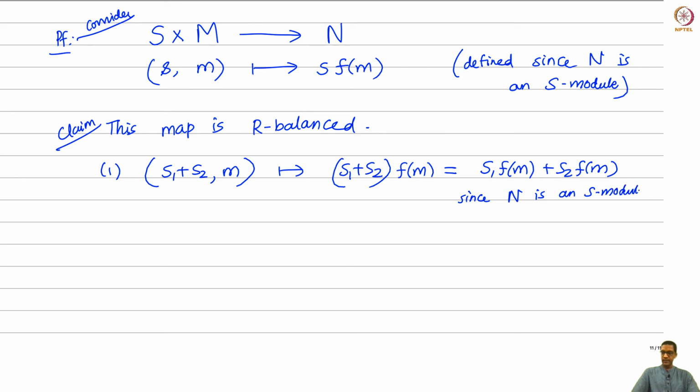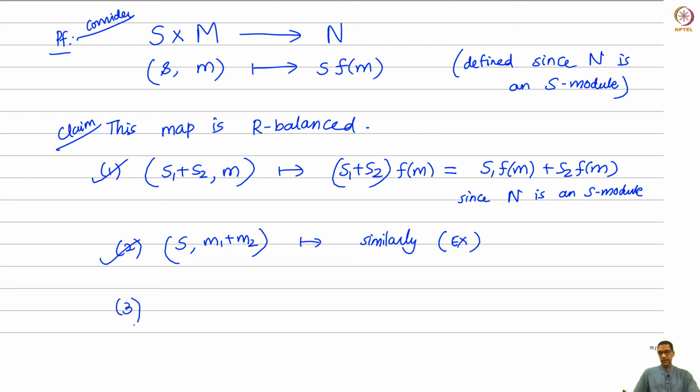And the same holds for (s, m1 plus m2). I'll leave that for you to check as an exercise.